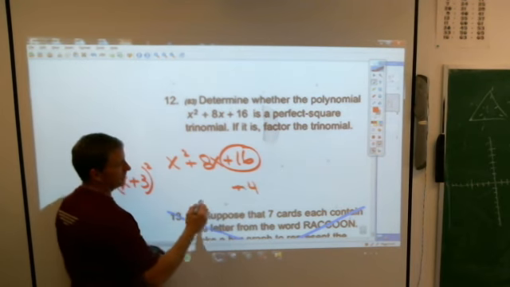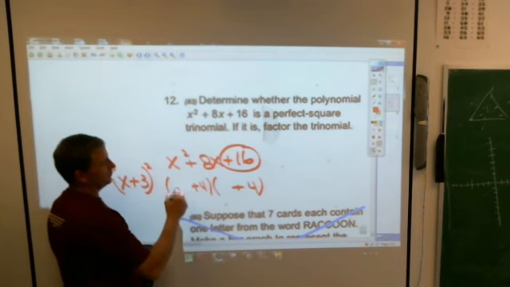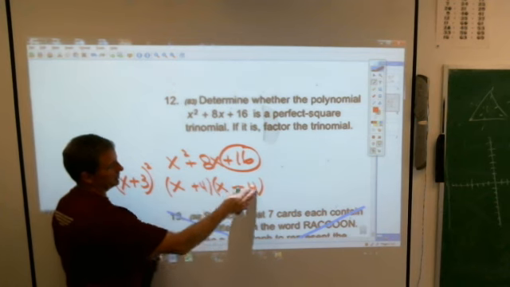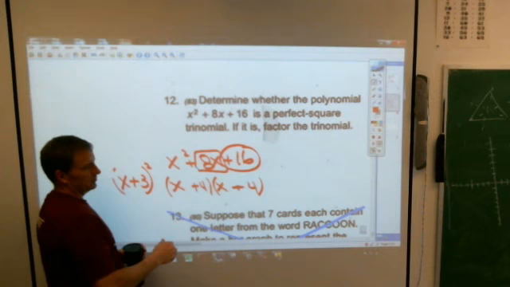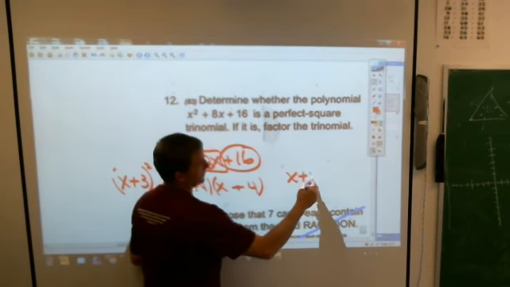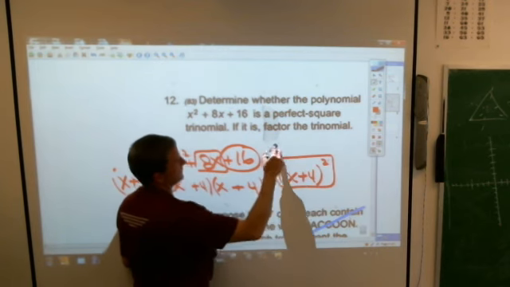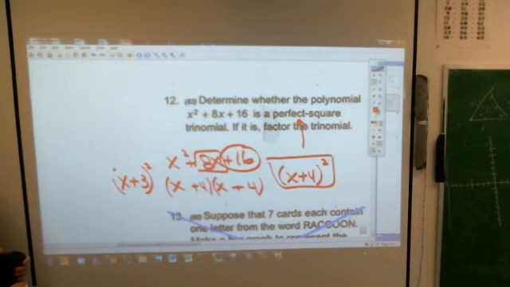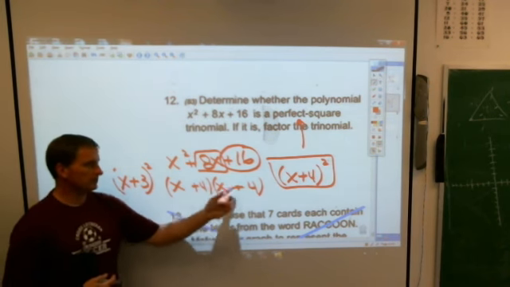Or negative 4, by the way. The question is, if you put an x out there, will you get the right middle term? Is 4x plus 4x 8x? Yes, it is. So I could write this as x plus 4 squared. If you could make it this, then it is a perfect square trinomial. You could have also a minus 8x there, because then these would both be negative 4s.